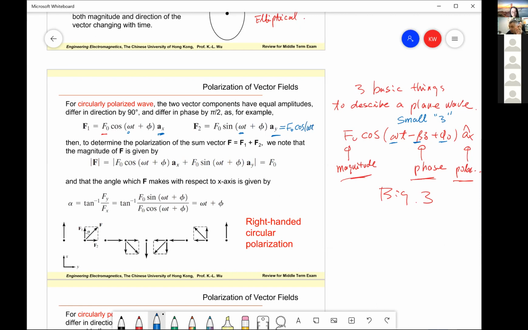Actually, I omitted one thing. This is not very accurate, because we said we have the small three, so the minus beta z is missing. Now I add this, and I have phi, and I minus pi over 2.